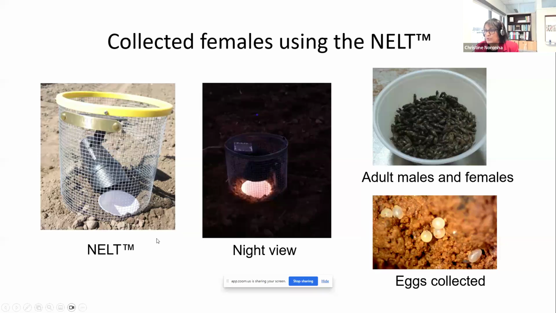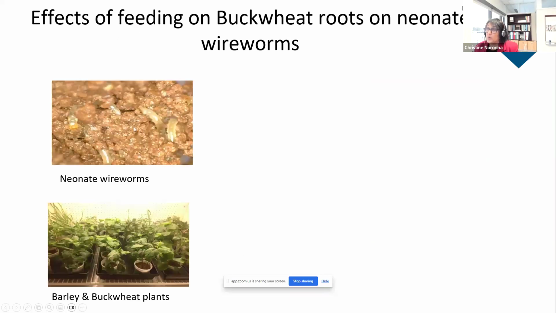So we used the Nell trap to trap male and female click beetles, and we obtained eggs. From those eggs, we used the newly hatched larvae and did a lab trial where we put them into buckwheat plants or barley plants, and we allowed them to feed for a length of time that is normal in a field situation.